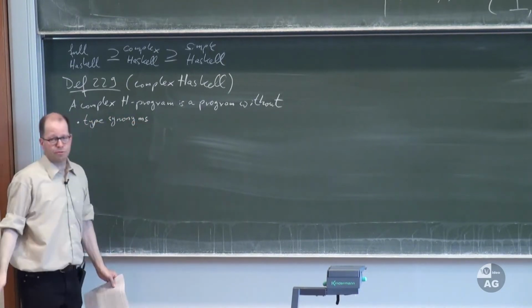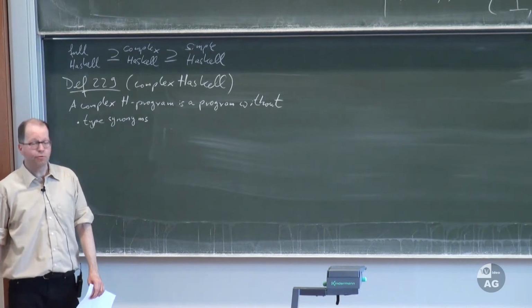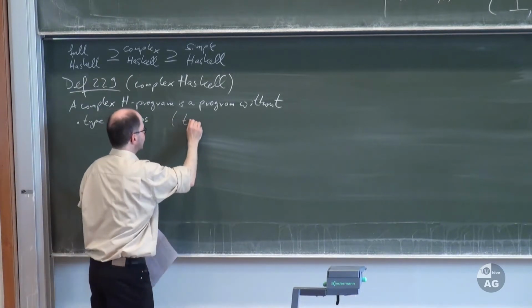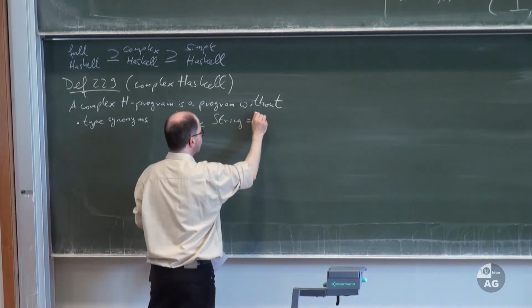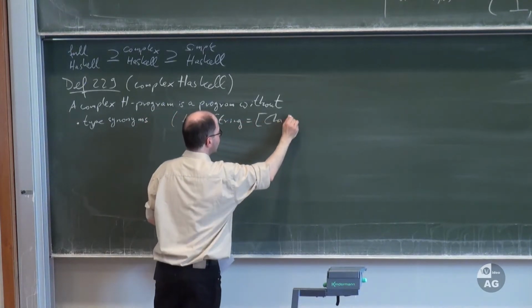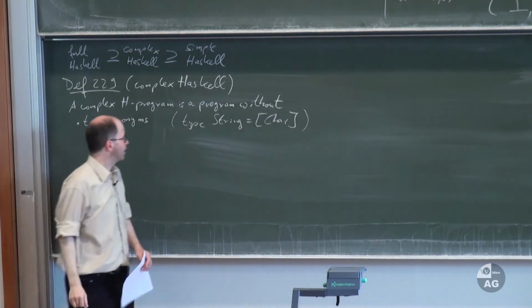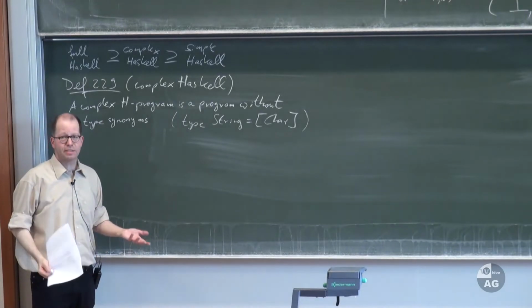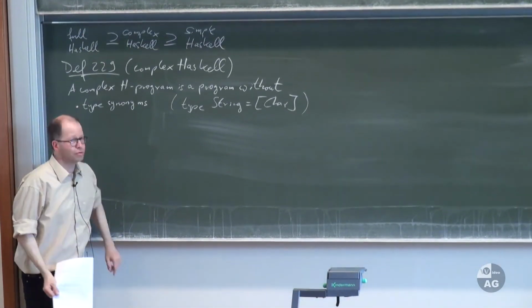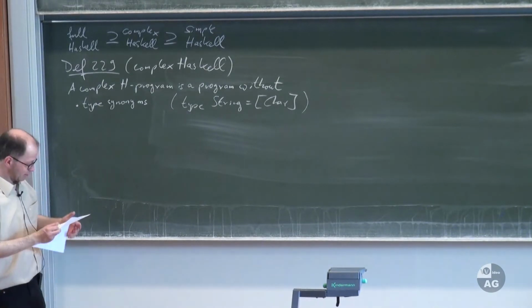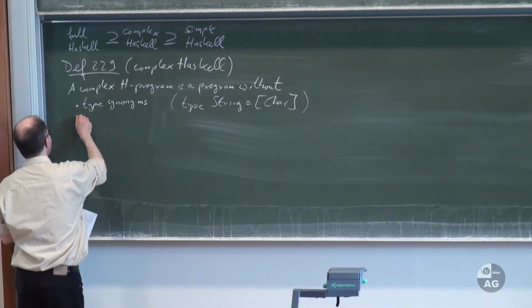I mean, type synonyms are just syntactic sugar, so that's something you really don't need. You introduce abbreviations. Instead of writing list of character, you write string. Now that makes your program shorter and more readable, but it adds no extra functionality. So this is just to avoid having to treat this. So type synonyms we omit.